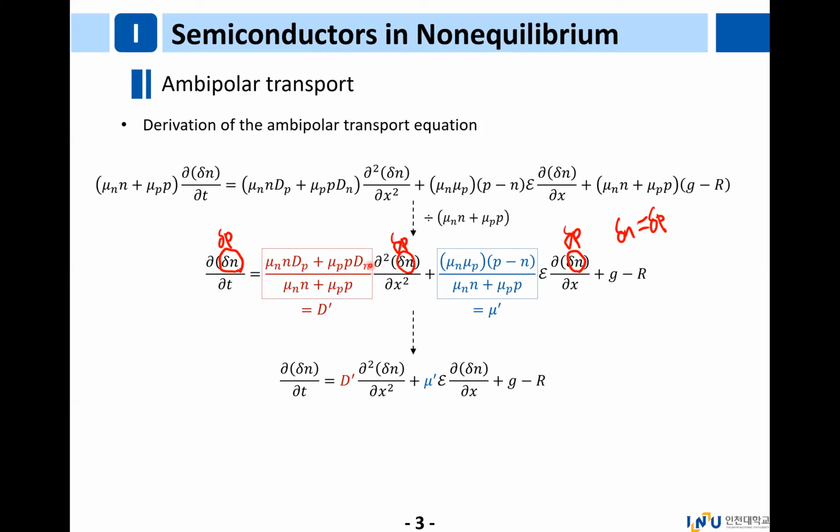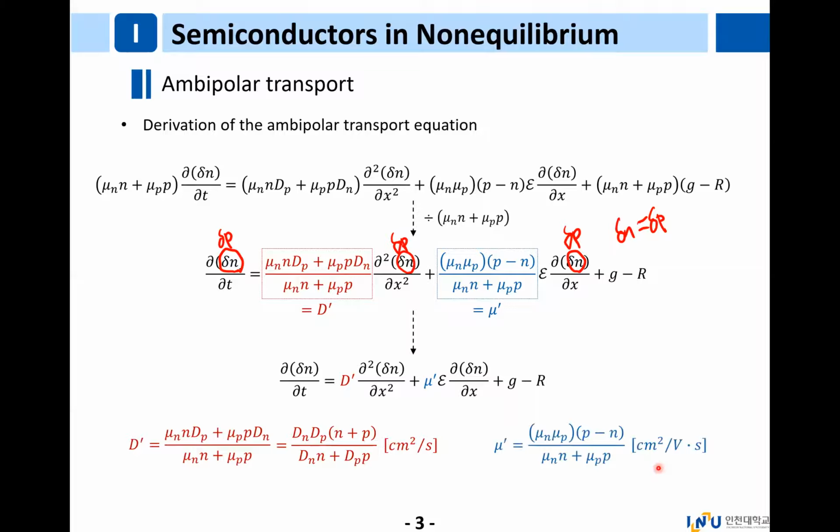So using the Einstein relationship, the terms related to the diffusion constants and concentration of electrons and holes can be expressed. And similarly, mu prime can be expressed as a combination of concentration and mobilities of electrons and holes.